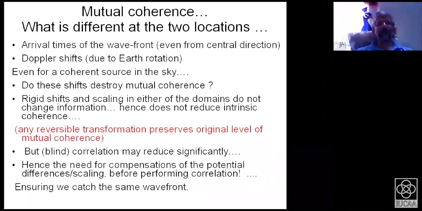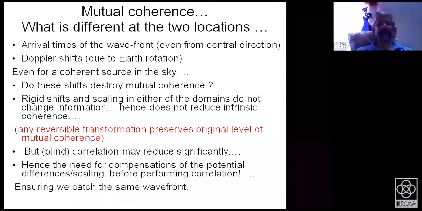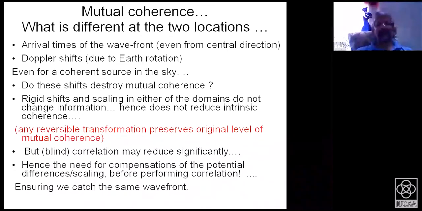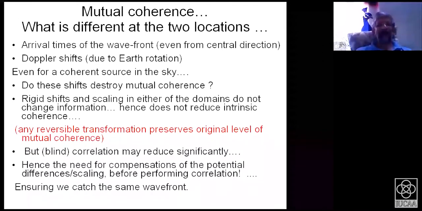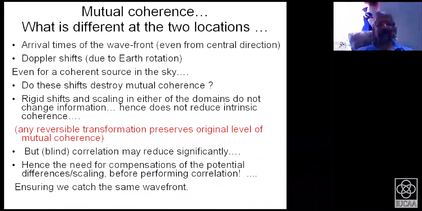And so when we receive signals at the two locations, we should be warned that even if the same train of things is coming from the source, we are not going to see them as the same pattern because of the change of time axis associated with the Doppler shifts.